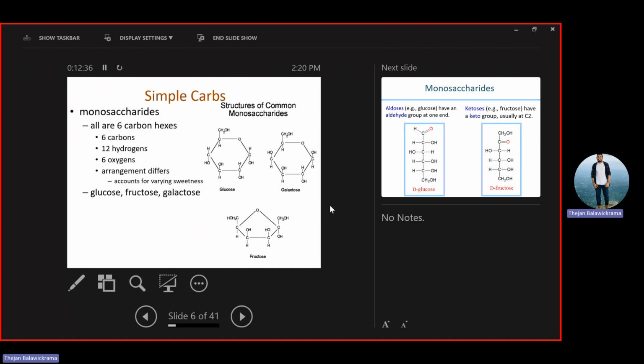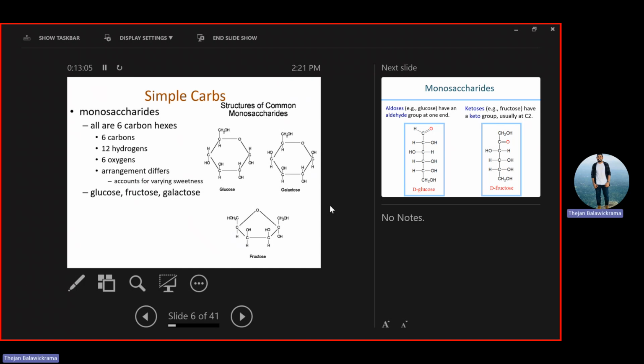We have a hexagon-like structure in glucose and galactose, but that cannot be seen in fructose. It has a different shape. Even between glucose and galactose, they look almost similar, but that is again different. So the arrangement of groups is different.